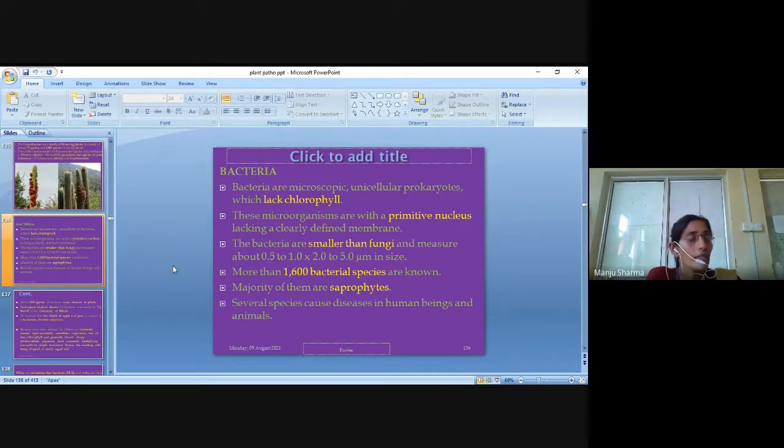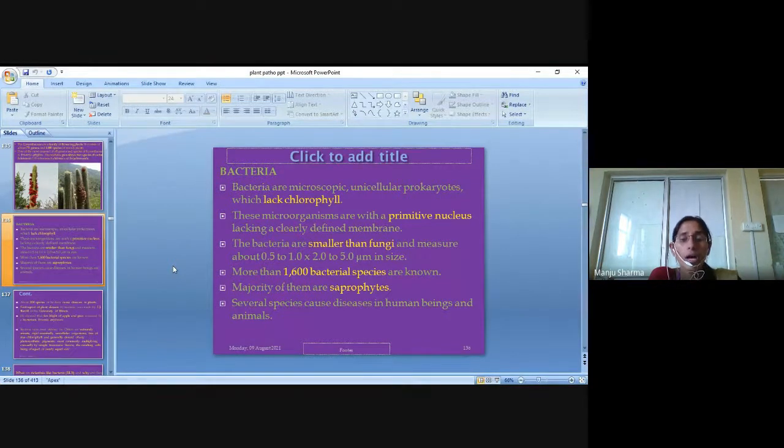Bacteria are smaller than fungi and measure about 0.5 to 1 by 2 to 5 micrometers in size. More than 1600 bacterial species are known.